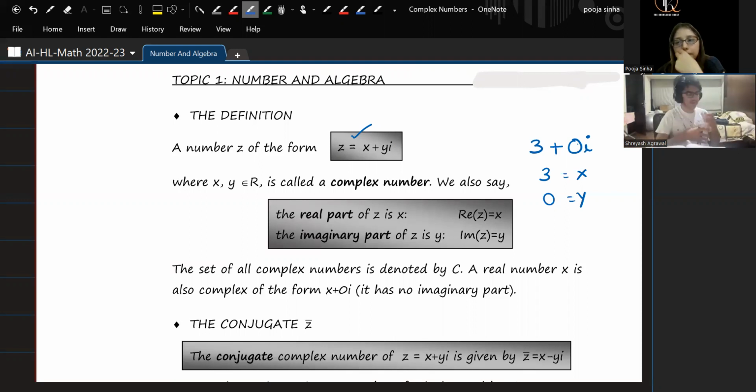Did you get this? So I can write any real number also in the form of a complex number, just that the imaginary part is 0. Clear?